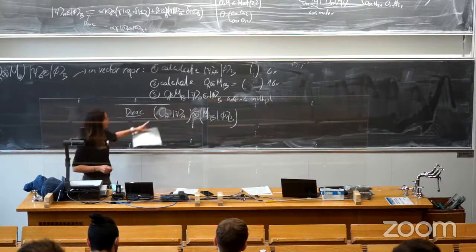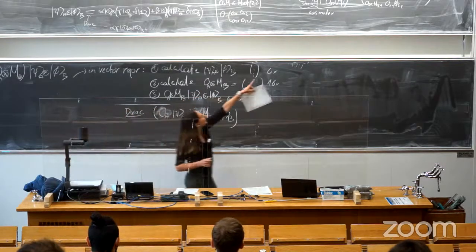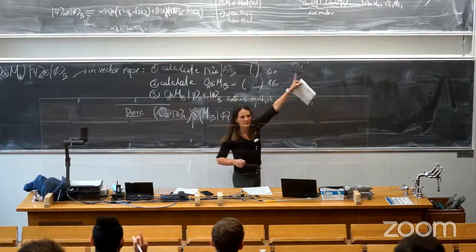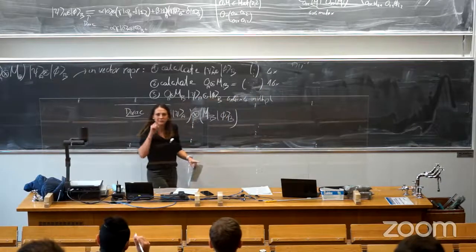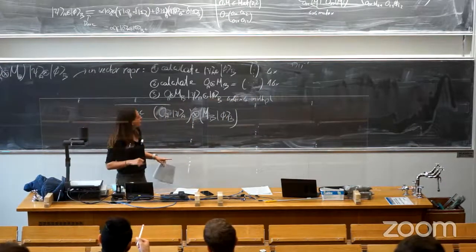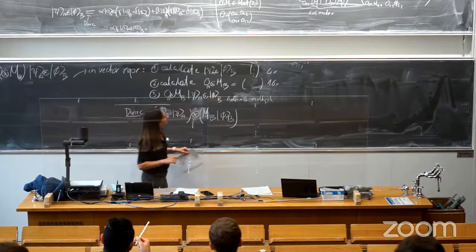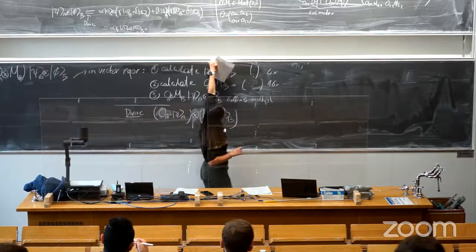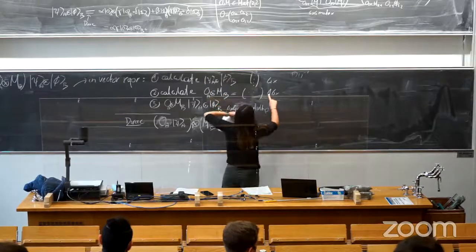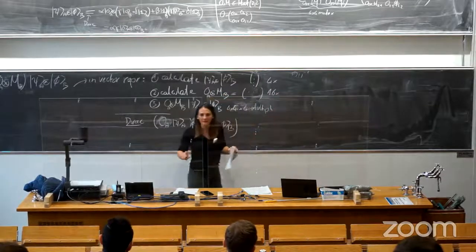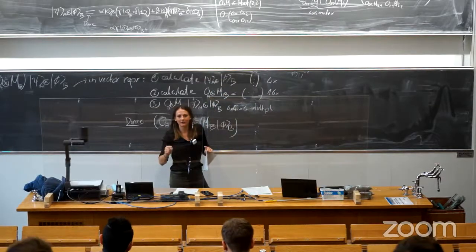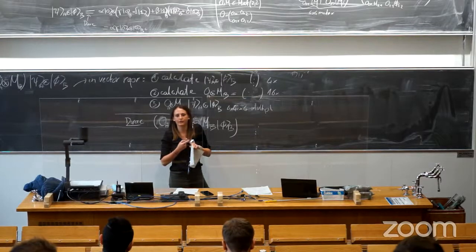So I don't have to do all of this story of matrices and coefficients and everything. Yes? Yeah, exactly. Because this matrix has 16 elements, and for each element I have to do a multiplication.